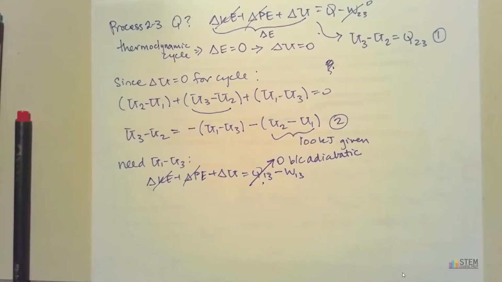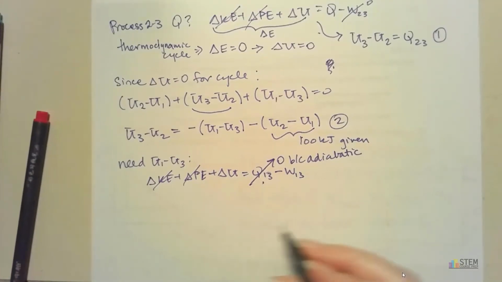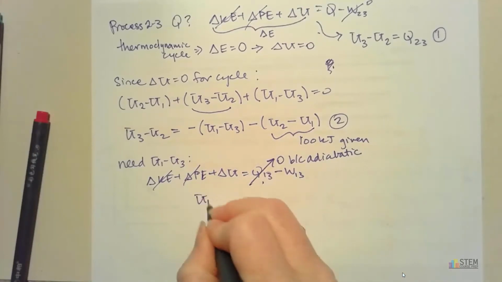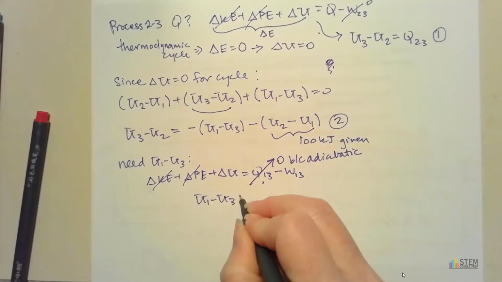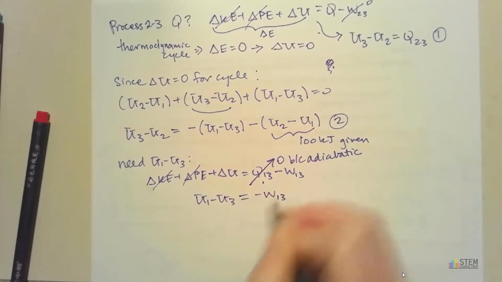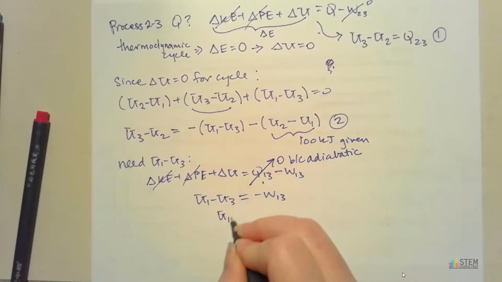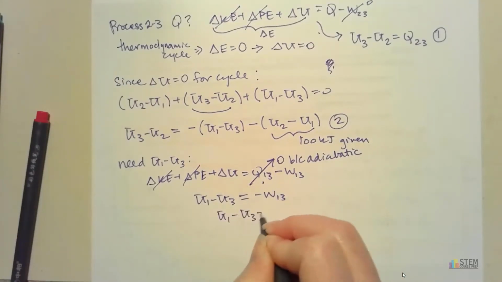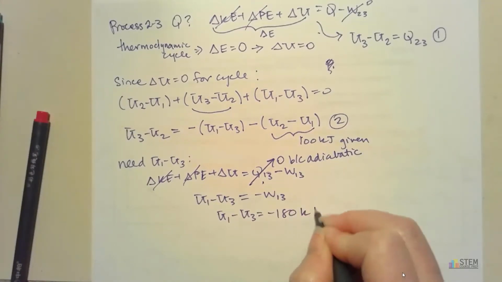So always look for those keywords. Now that we've got this equal to 0, this equation got a lot simpler. For delta U, we can do U1 minus U3 equals negative work for that process. We already found this value, so we'll plug in that work value. That gives us negative 180 kilojoules.